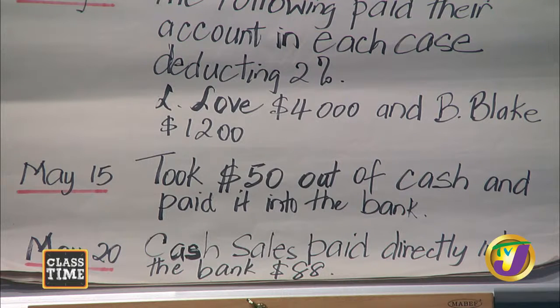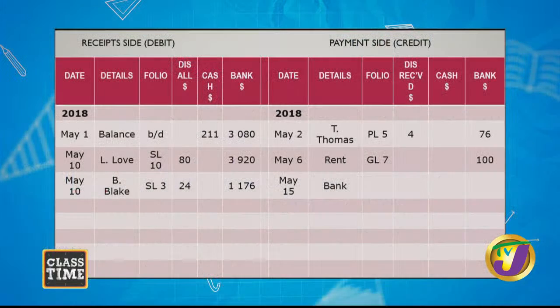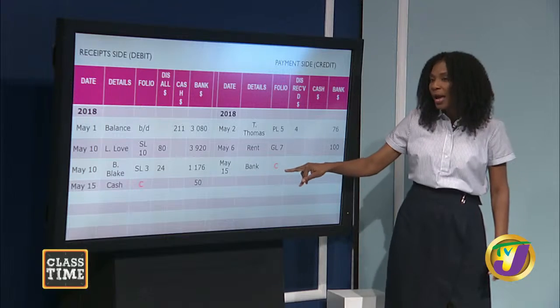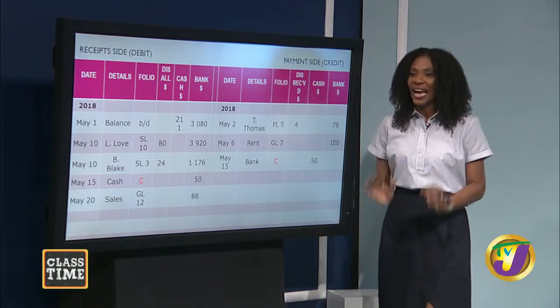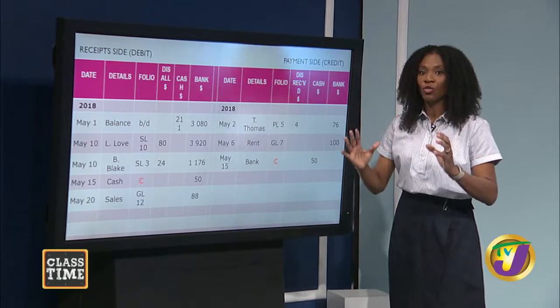It therefore means that you're going to go on the payment side for cash, write your date, May 15, and put in your details, bank, and take out the $50. Now, this $50 was paid into the bank. So on May 15, you're going to show also that the bank received $50, and in the details you will write cash. If you notice in the folio, I have a letter C, and that indicates that it's a contra entry.